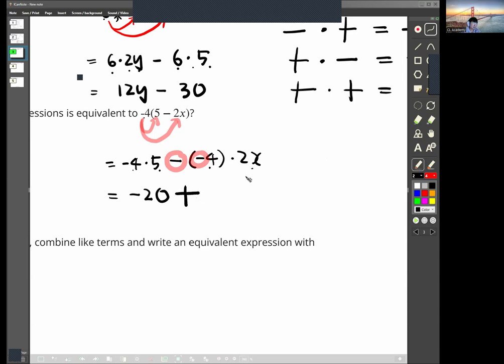And 4 times 2x is 8x. And also one thing you need to be careful about is: this is minus. This is called negative.